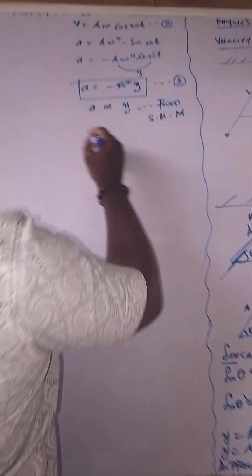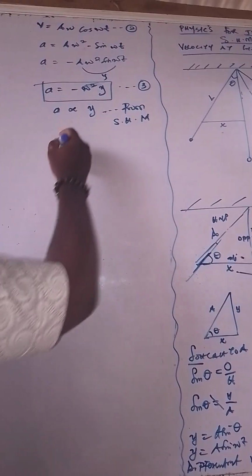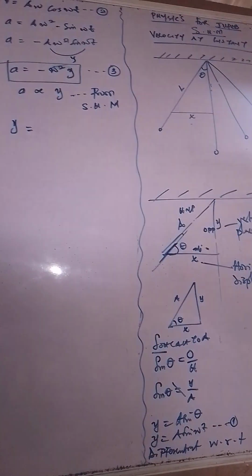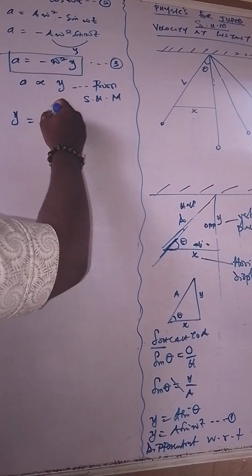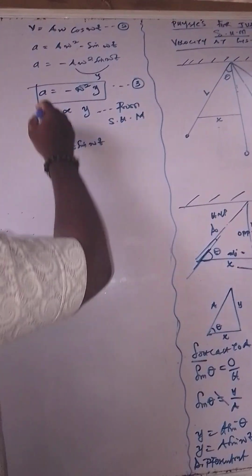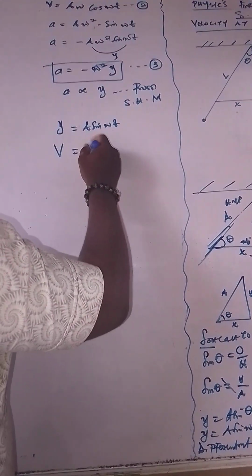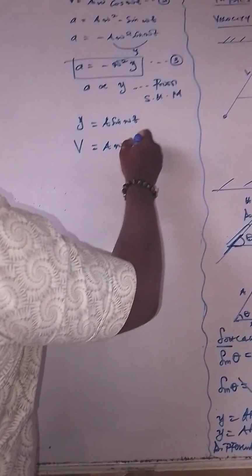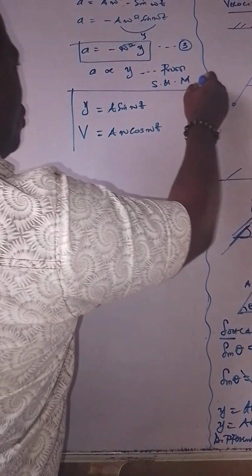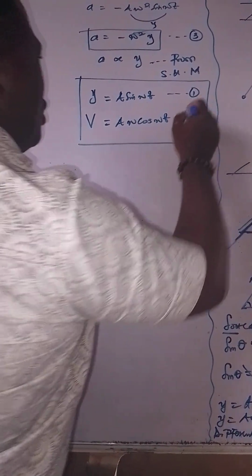So let me bring the two equations together for easy comparison. My y is equal to A sine omega t. Remember that v is equal to A omega cos omega t. This is equation 1, don't forget this is equation 2.